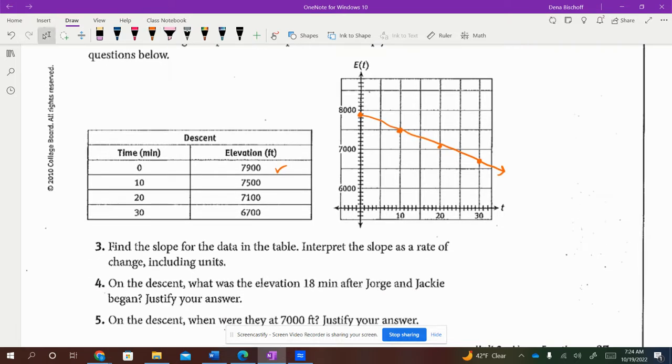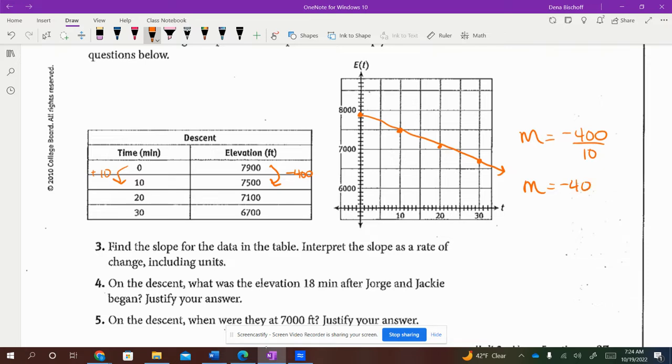Says find the slope. Well, remember that our slope is our change in y, minus 400, over our change in x, plus 10. So my slope, negative 400 over 10, equals negative 40.